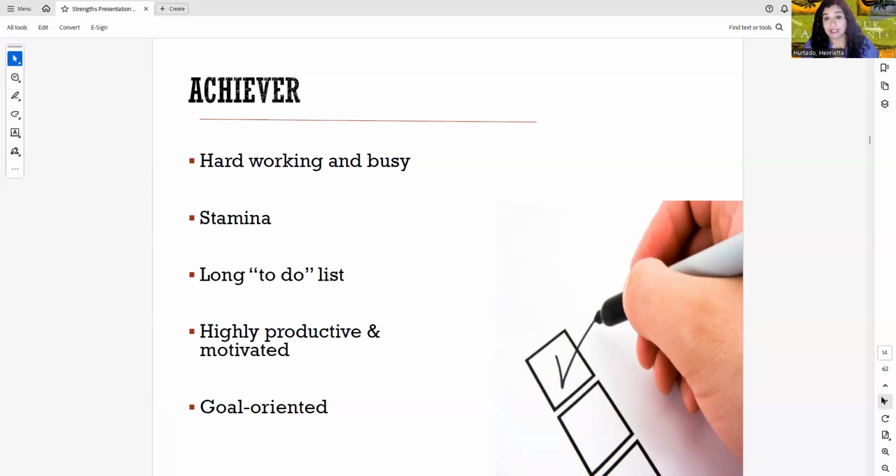For example, the achievers are hardworking and busy. They tend to have very strong stamina or energy, a long to-do list, very organized, highly productive and motivated, and very goal-oriented.